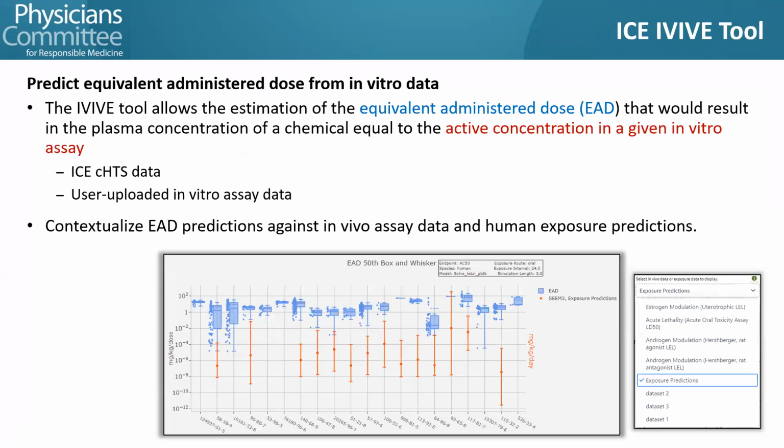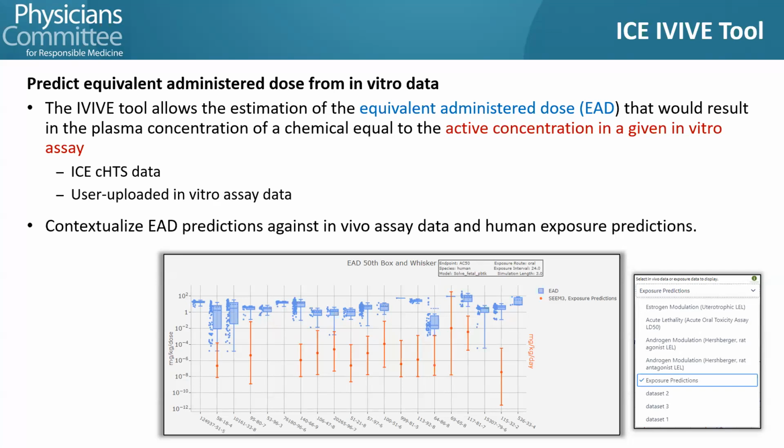And this is the output of the IVIVE tool. It allows you to estimate the dose, called the equivalent administered dose, that would result in a plasma concentration of a chemical that equals the active concentration in any given in vitro assay. Not just in one assay, you can even use a set of multiple assays as an input for this tool.